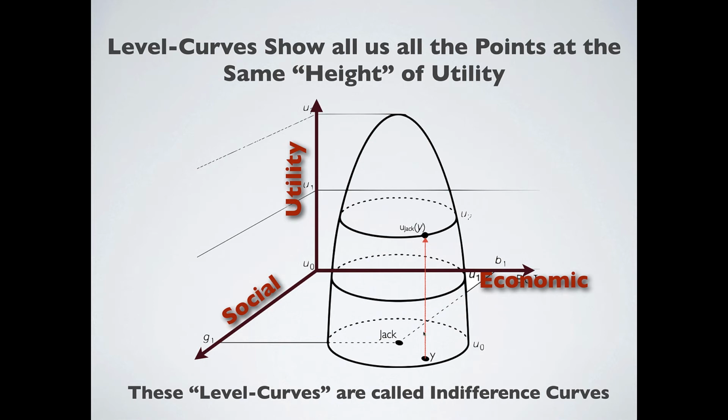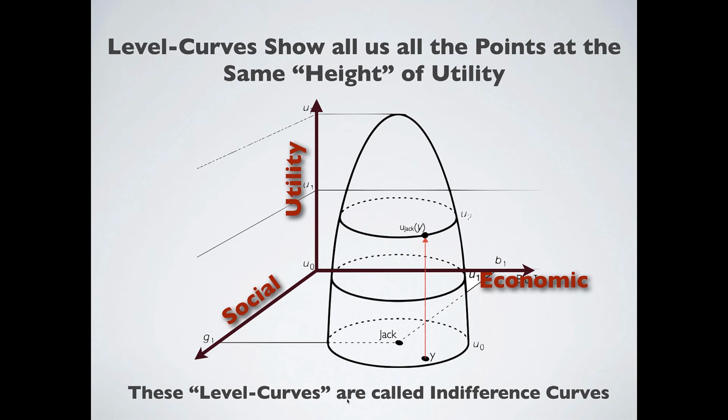So if we took this and basically squished this cone down to the ground, we would have these concentric circles. All the dots on that circle projected down to this plane would give Jack the same utility as y. All right, we call these in social science indifference curves. We don't really call them level curves, or sometimes they're called level sets.